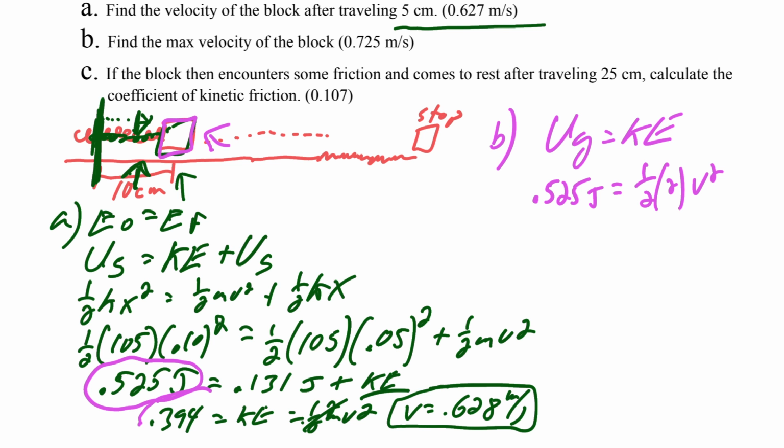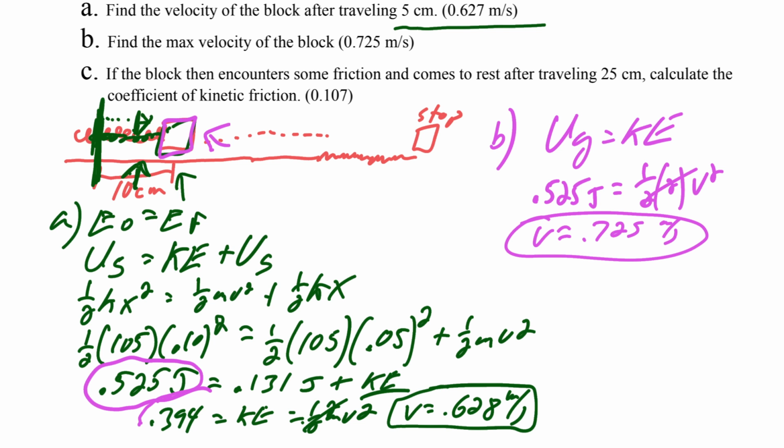So when we square root 0.525, it equals 0.725 meters per second.